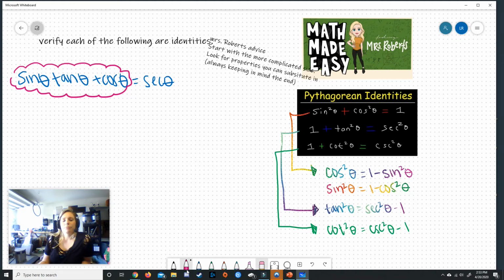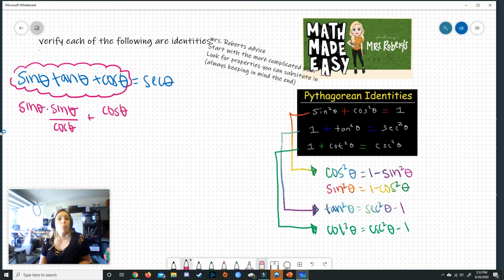Let's try. So sine of theta times tangent of theta plus cosine of theta. Maybe let's get tangent of theta in terms of sine and cosine. And we can do that using the quotient property. So this would be sine of theta times sine of theta over cosine of theta plus cosine of theta.